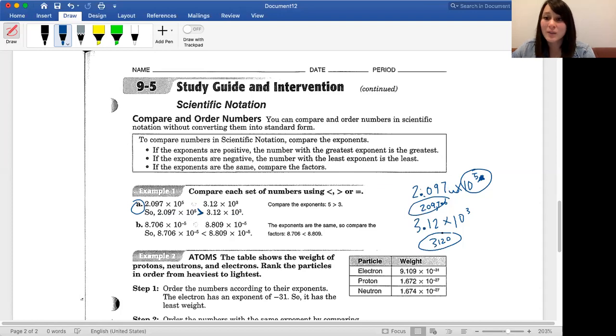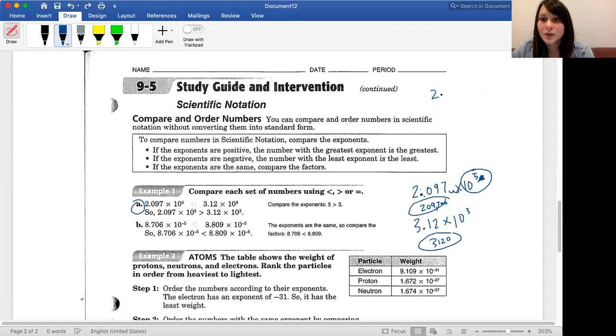Now, if I didn't write my scientific notation where my number was between 1 and 10, and I wrote it as this, as opposed to 3.12 times 10 to the 3rd, wouldn't this be a different story? Because, well, actually, I'm going to rewrite this differently.